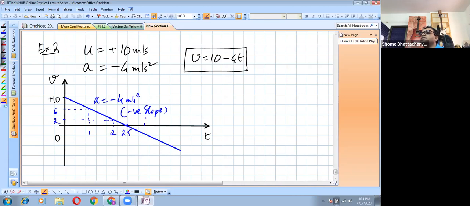Then by the time it's 3 seconds, the velocity would have again increased to minus 2. So from 0 the speed has increased to 2, but the direction has become reversed. Then by the time it's 4 seconds, the velocity here, it would have changed to, so I'll just tidy this up a little.